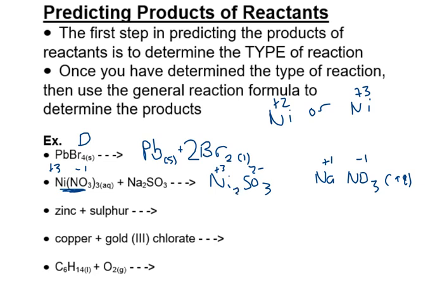That makes 6. And we'll put this guy in a bracket, and we'll have 3 of those, because 3 times -2 is -6, and +3 times 2 is +6. And the last thing I've got to figure out is what sulfite does.